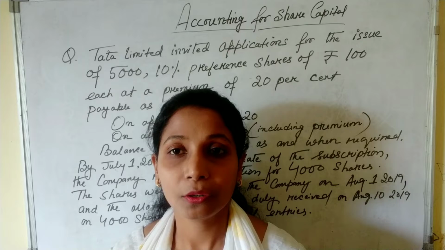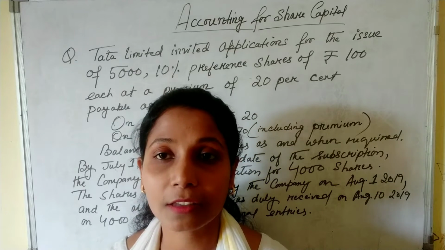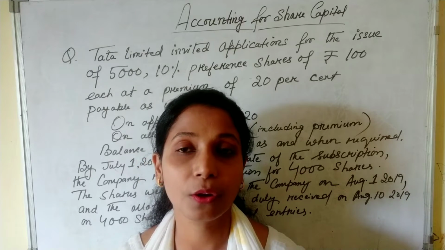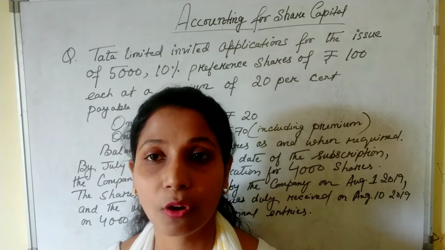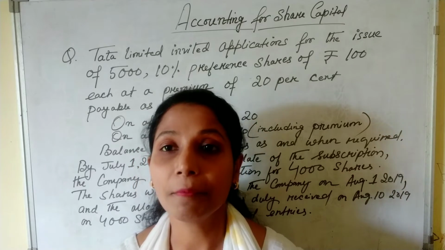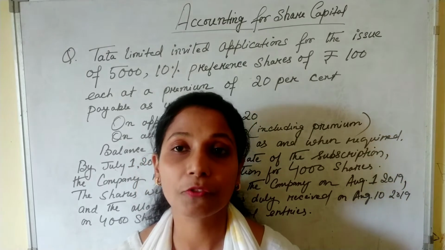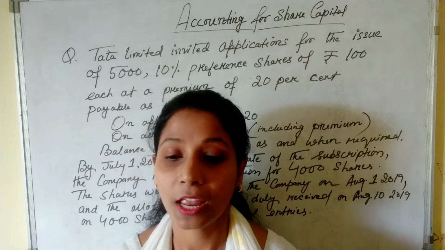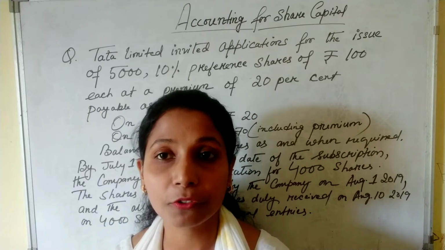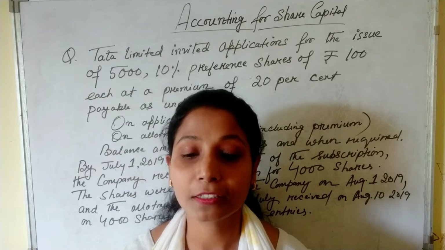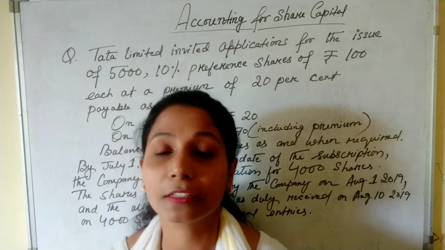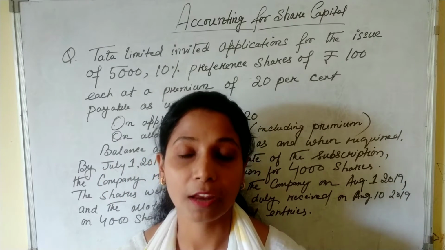The next thing we will see in this question is undersubscription of shares. Now, what is undersubscription of shares? When a company receives applications for a lesser number of shares than offered to the public for subscription, then it is said that the issue has been undersubscribed.